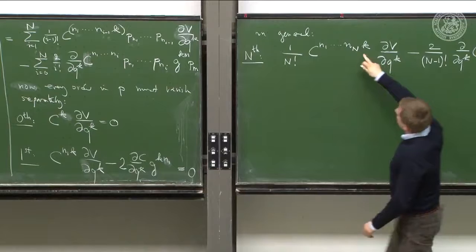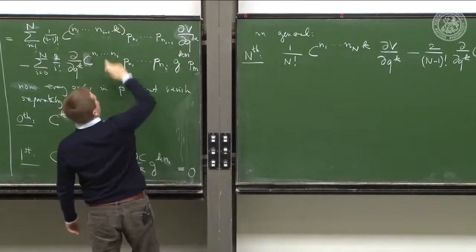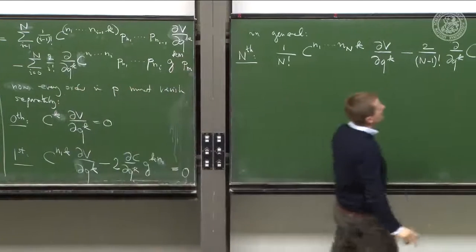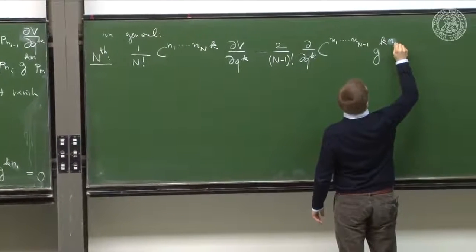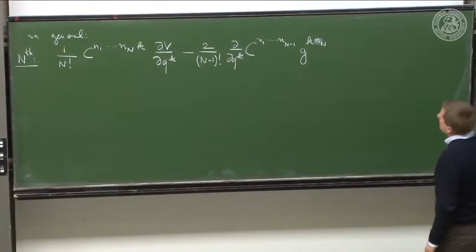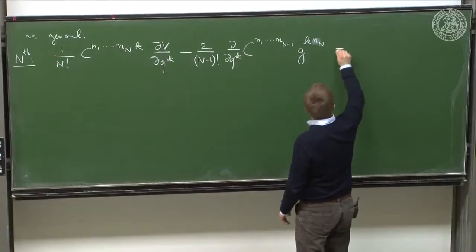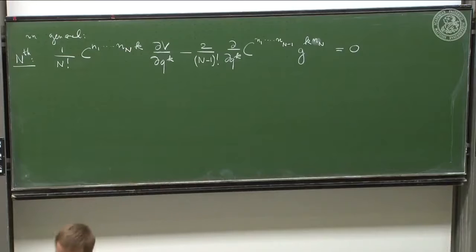But again, the P's here were all in this order n. This last one I need to bring into that same order, so I call this capital N, equals 0, and at this point we would have made a mistake. Well, it's not wrong yet, but I need to do something in this equation in order for it to be the nth order equation.